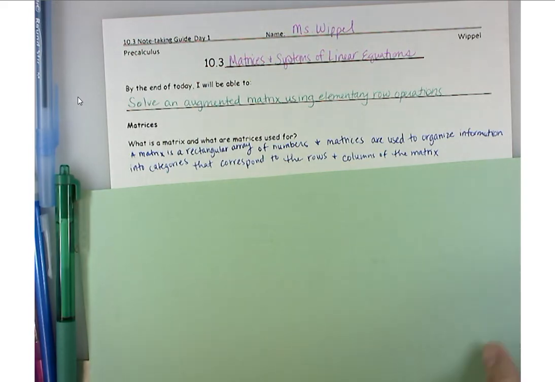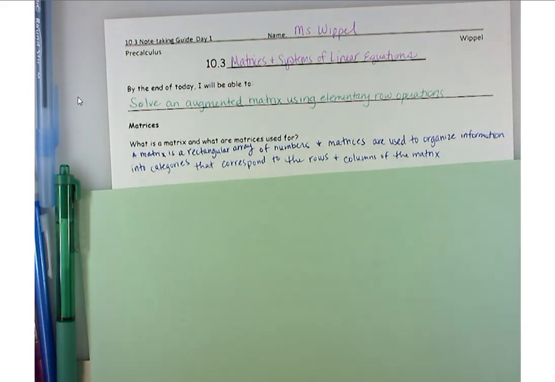Matrices are also used to just organize regular information. It presents it in a way that's very quick and easy on the eye. If you do a lot of reading, it's a lot easier to read certain types of information. So here's an example.